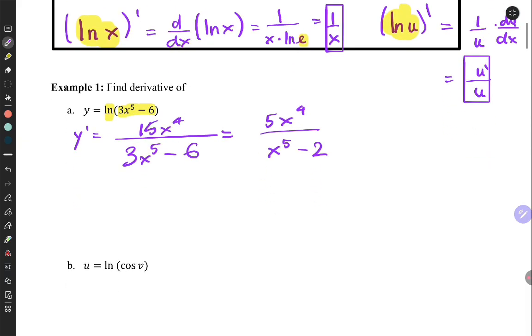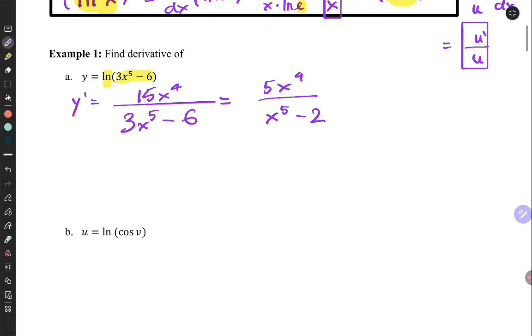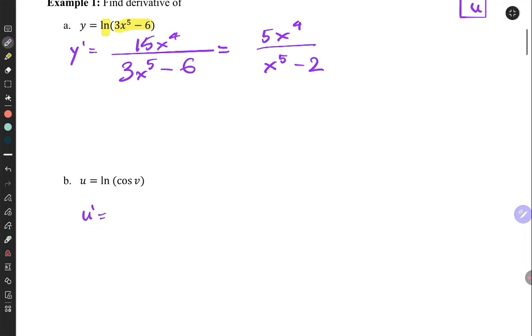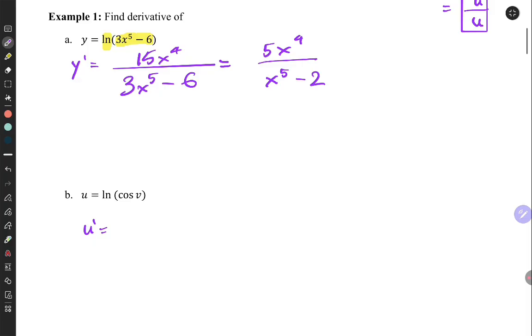Another one. I just use different notation. U prime could be z, could be t, could be g, just a variable, just an alphabet. One more time, same idea: u prime over u.